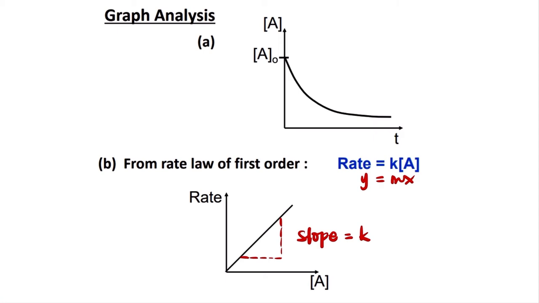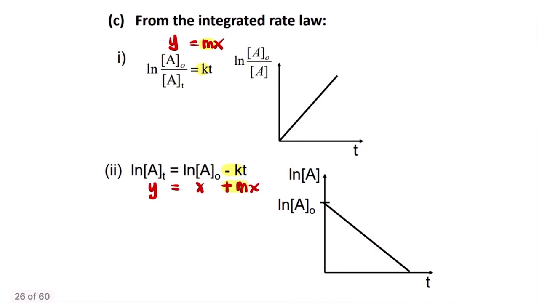But another way for you to know whether you have a first order reaction, if you plot concentration of your reactant against time, you will get a curve graph.